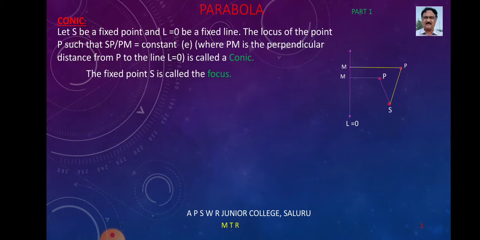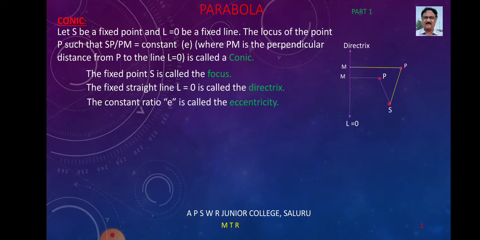The fixed point S is called the focus of the conic. The fixed line L = 0 is called the directrix of the conic. The constant ratio, denoted by E, is called the eccentricity.